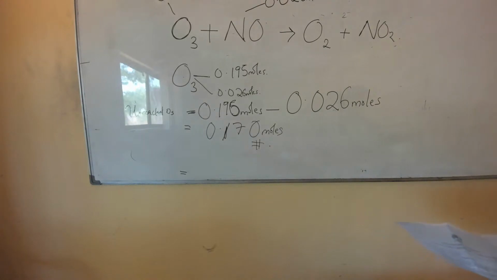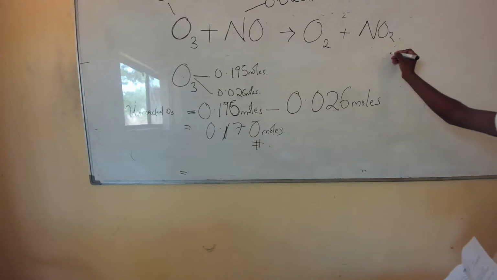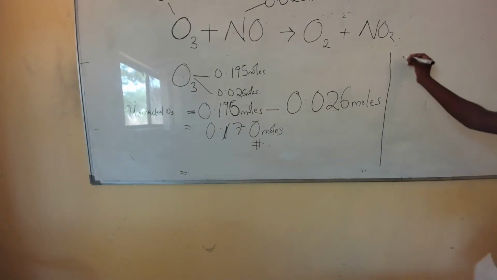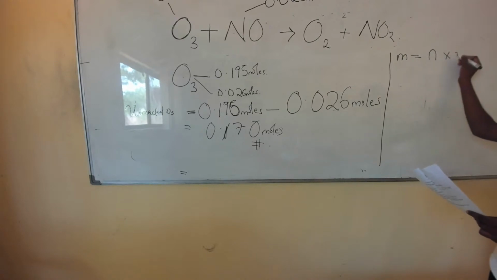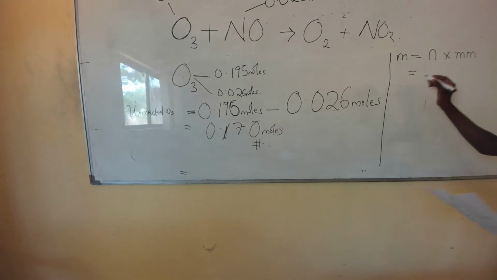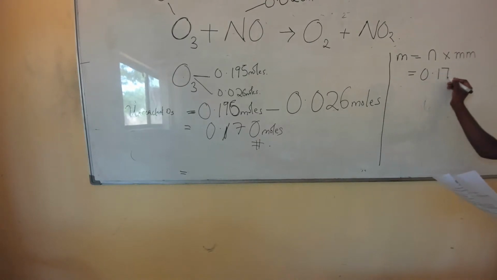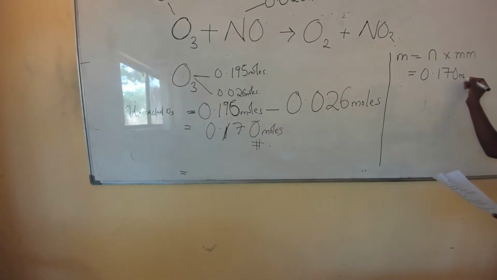From here, we can now easily calculate the mass. So we can easily calculate the mass by saying mass is equal to number of moles times its molar mass. Then we have the number of moles as 0.170 moles.